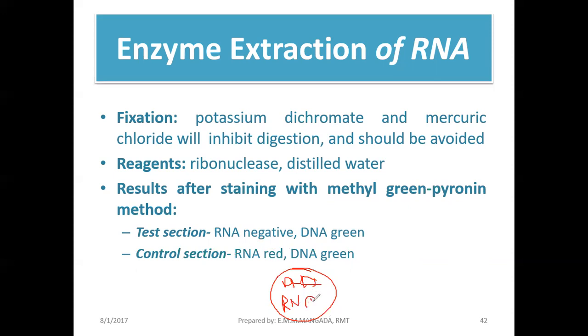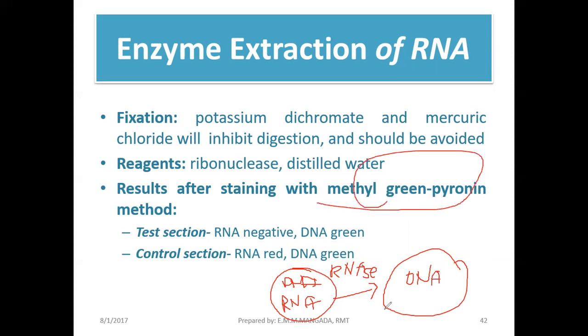So guys, for example, you extract now using your ribonuclease or your RNAse. Okay? The enzyme RNAse. So, your RNAse will extract your RNA. So the result should be, guys, only DNA will remain. Right? DNA. But what happened, guys, is that when you stained with your methyl green pyronine, you saw the colors red and green.